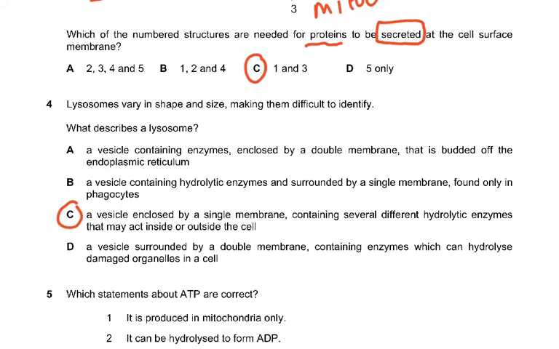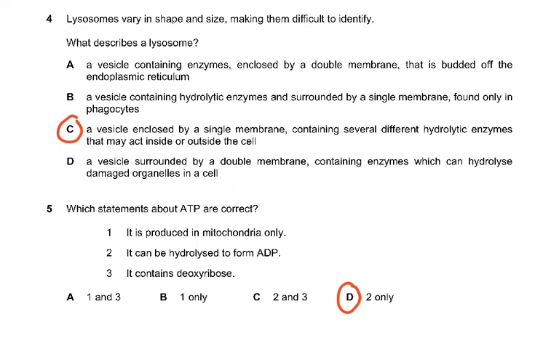Then you come to question number 4. Lysosomes vary in shape and size, making them difficult to identify. What describes a lysosome? First of all, it's a single phospholipid bilayer, so it's a single membrane. Mitochondria have a double membrane. Chloroplast has a double membrane, containing several different hydrolytic enzymes that may act inside or outside the cell. So a vesicle enclosed by a single membrane containing several different hydrolytic enzymes.